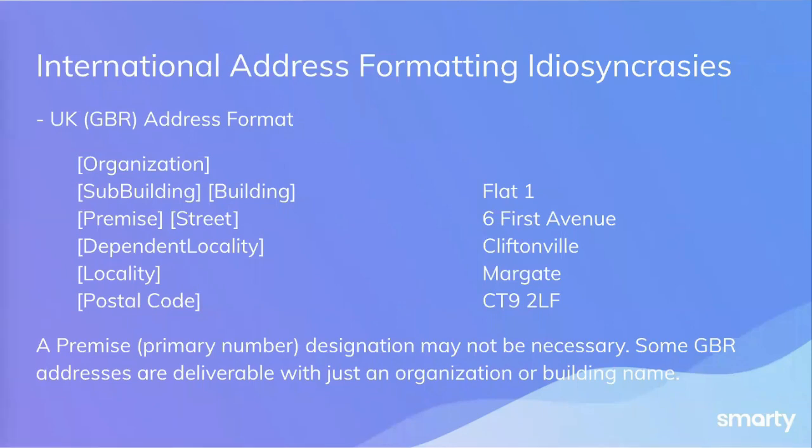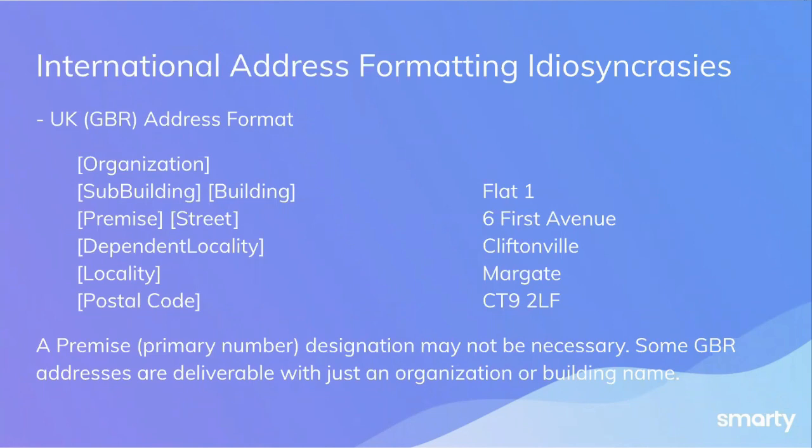And then there's this thing called the dependent locality, which is kind of an area, or perhaps even a neighborhood, maybe a county. I don't know. It's kind of not super clear, and it varies by places within the country.